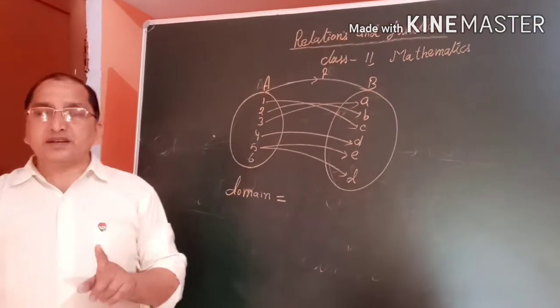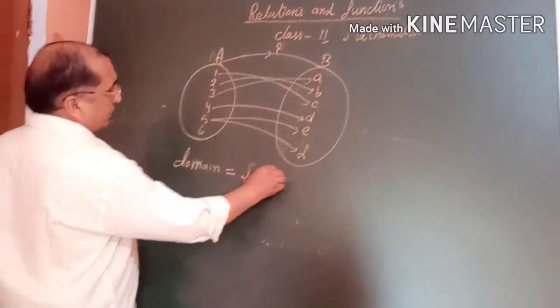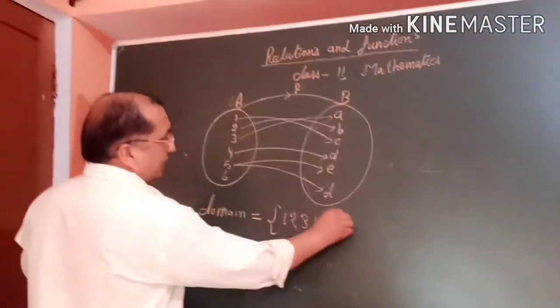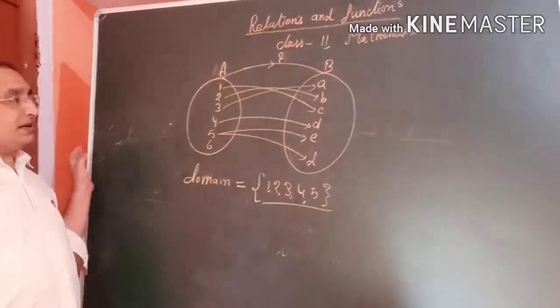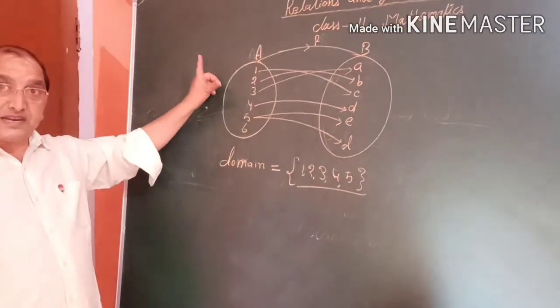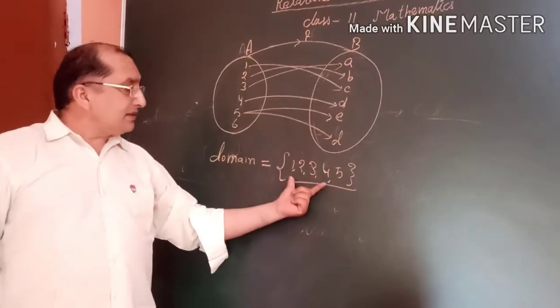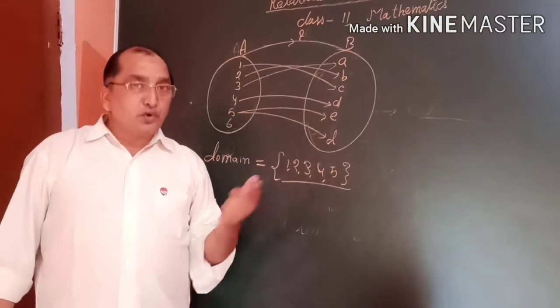So 1, 2, 3, 4, 5. These are the elements. Only 5 elements of the first set are related to elements of the second set. Then these elements are known as domain.